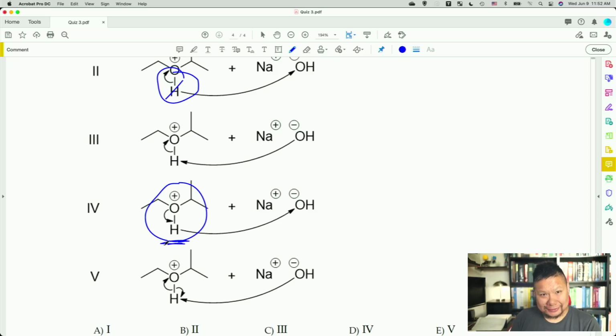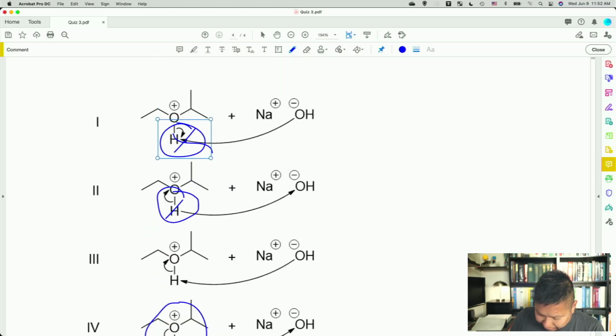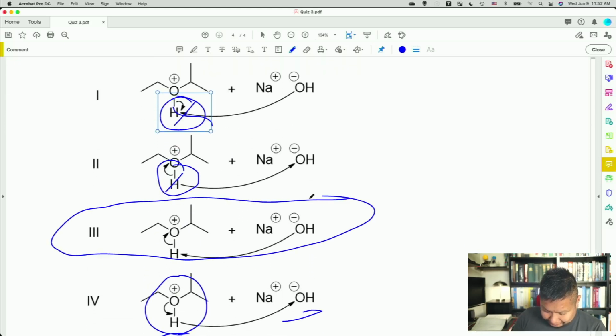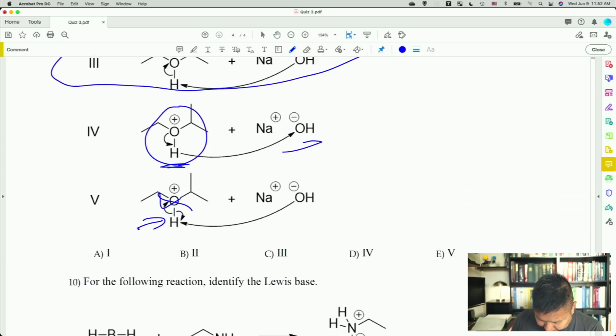That makes no sense. And then the proton going over, that doesn't make any sense at all. Then we have, I have no idea what that is. That's totally wrong. So in this case, you probably could just go through and circle this one because it's the only one that makes sense. All the other ones don't make any sense at all. But that's the answer right there. The lone pair electrons go over, take off the proton. Electrons from the proton and the oxygen bond go up to the oxygen. So that's answer 3, which is C.